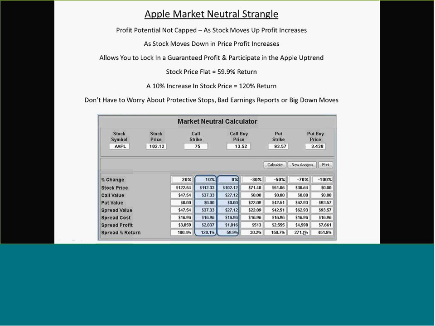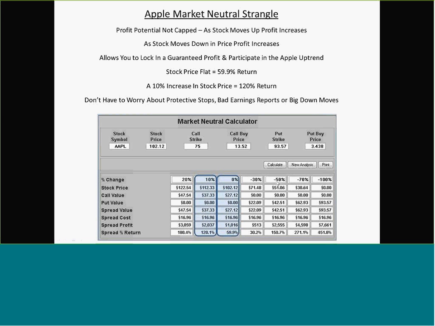So if Apple stock is flat at option expiration, you can see I'll realize a 59% return. If Apple stock is up 10%, I'm going to realize a 120% return. If it's up 20%, I'll realize a 180% return. And then if it goes down, I'm still going to realize a return.